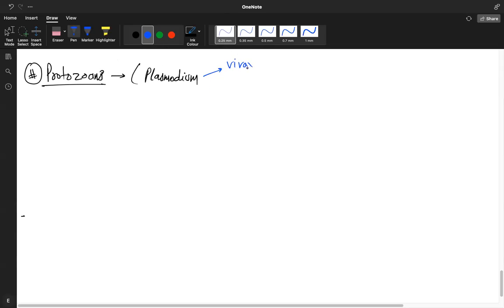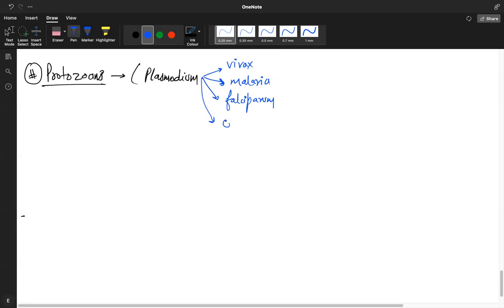Plasmodium vivax or vivax, Plasmodium malaria. All causes malaria like symptoms, but there is a specific Plasmodium malaria. Plasmodium falciparum, which is very common in India and causes most of the malaria.